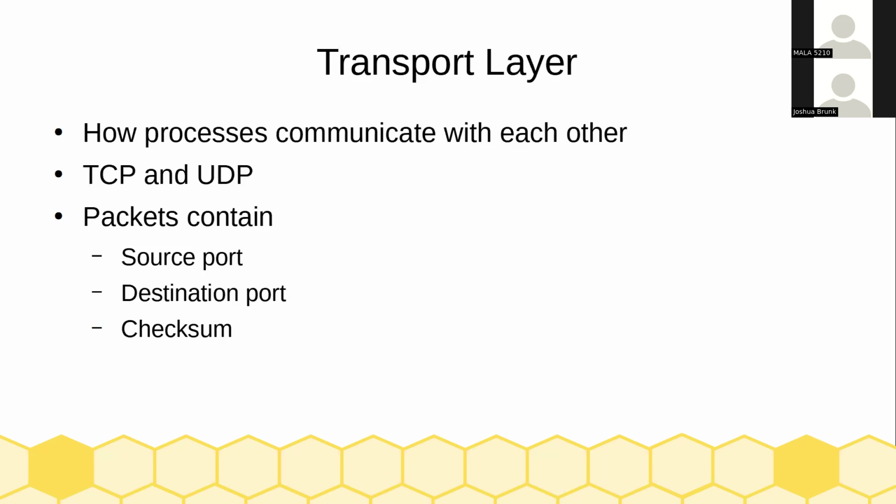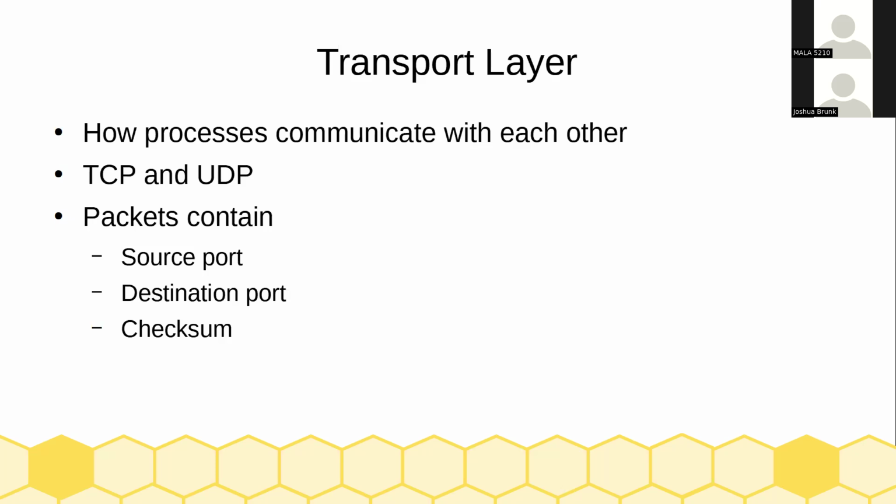At this layer is where some protocols you might have heard of, like TCP and UDP, exist. And the packets at this layer are going to contain port information, which a port is essentially like an address on your machine for whatever service is running on your machine. So if you go to port 80 on a server, what's usually on that port?